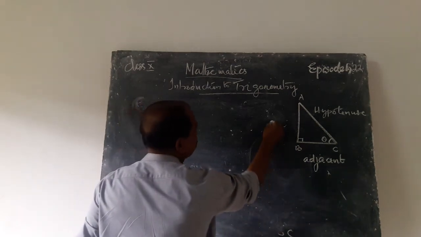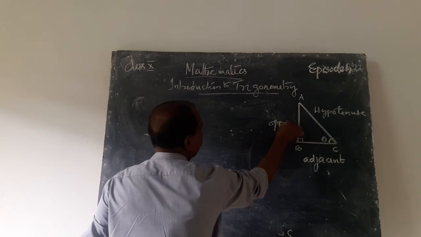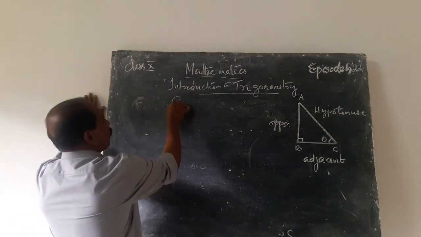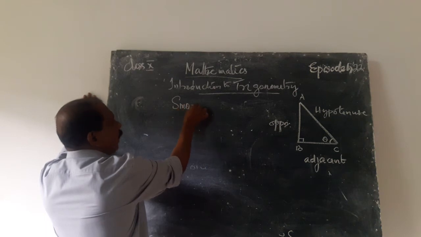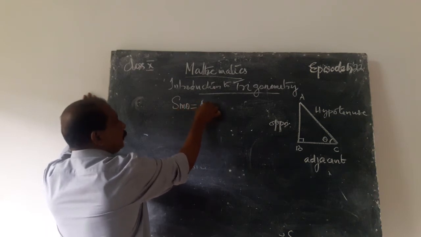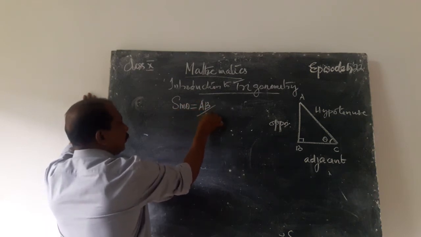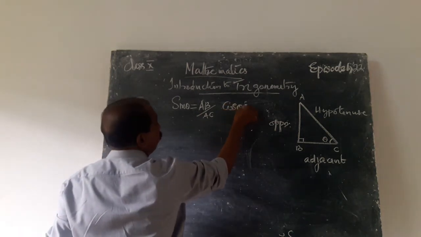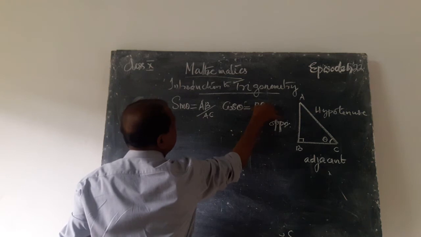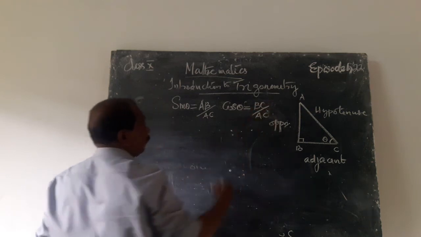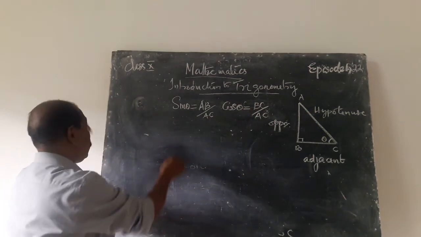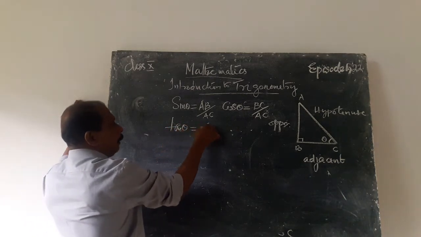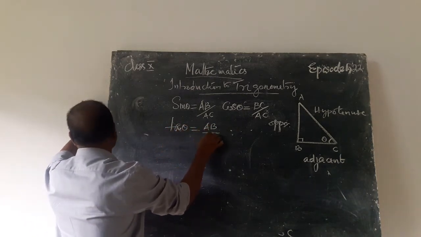Then, there is another relation between sin, cos and tan. This is the opposite side. What is sin theta? From the figure it is AB by AC. What is cos theta? From the figure it is BC by AC. There are two relations. What is tan theta? AB by BC.